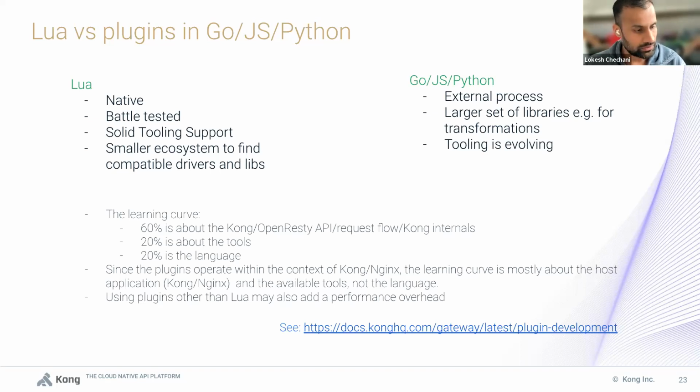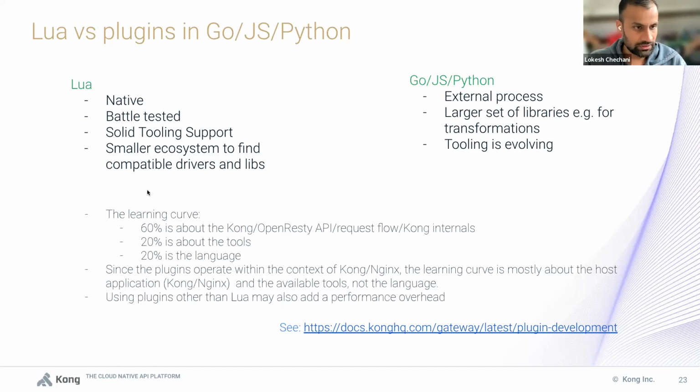Most of the learning curve is around that ecosystem. And then also learning the tools, right? How Pongo works, how my unit test cases are written, etc. And then it's only 20% of learning the language. So that's why we say we just need to balance it out when you make a choice of the language.